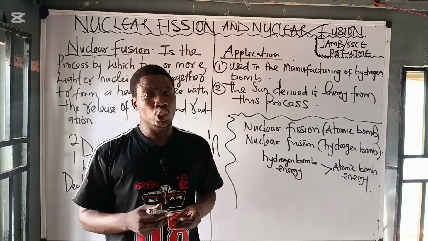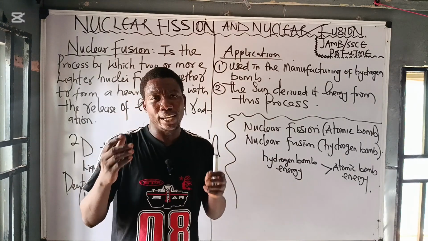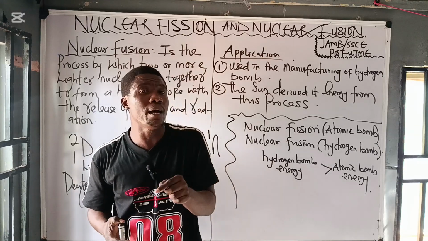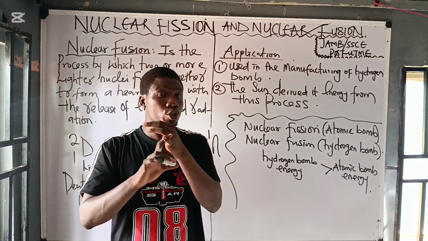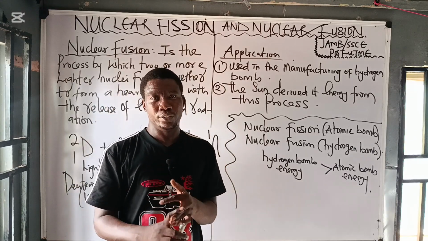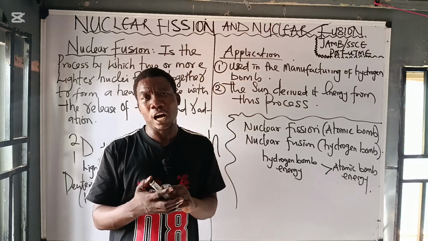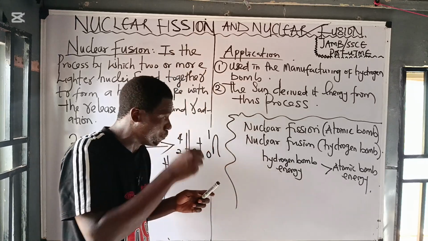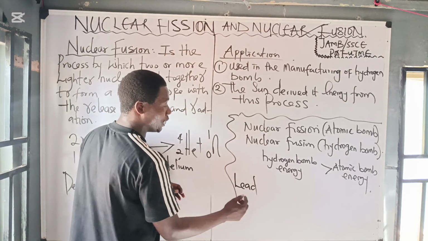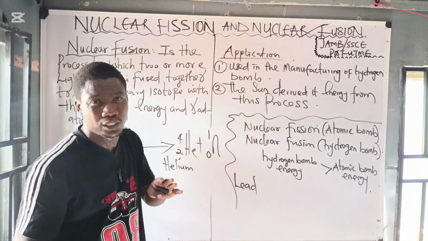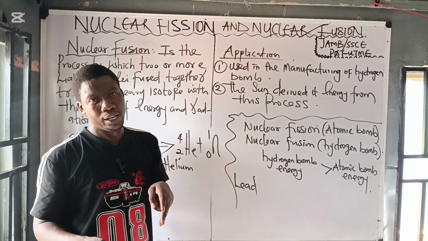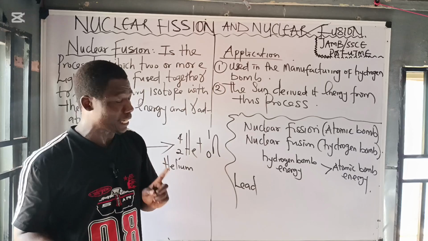Now, listen. Remember when I was teaching you the function of the component parts in a nuclear plant? I said that the walls are built with concrete, sheet metals, and what? Iron. Yes. The walls of the nuclear plant can also be built with lead. Take note of that. Don't forget that lead is the best absorber for radioactive rays. I told you before in my previous video on radioactivity part 1.